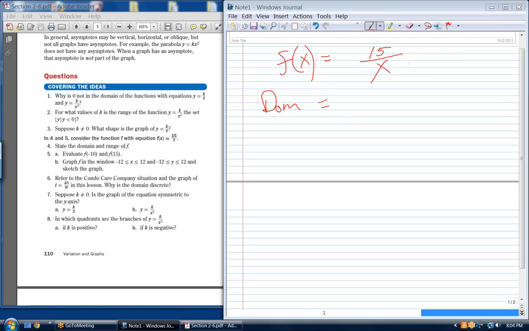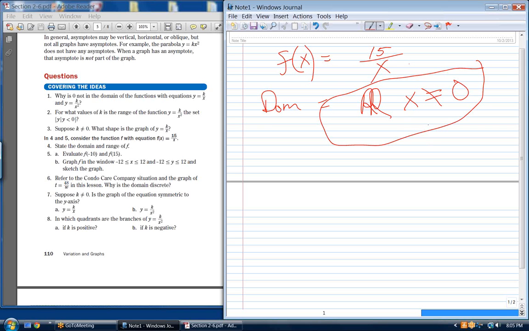Yeah, it can be anything but 0. Do they use interval notation in your class? In other words, how would they answer? One answer is all reals except x not equal to 0. That's double R, meaning all real numbers.